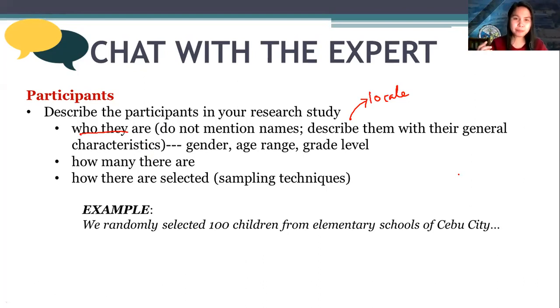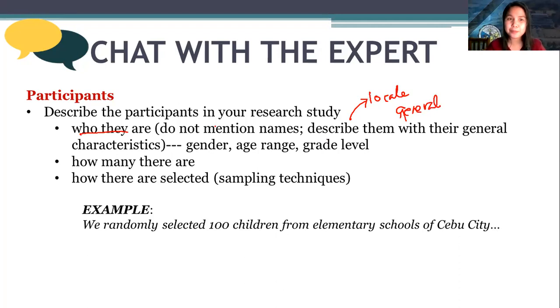But there are some issues concerning whether it's ethical to name the school or not. So based on research, if there are some confidentiality issues, do not name the school. Instead, you can describe it through its general characteristics.